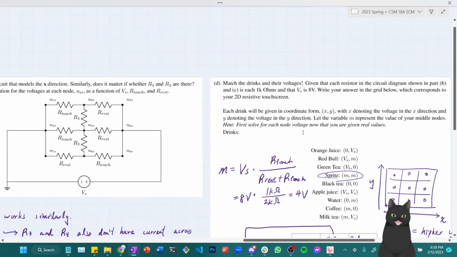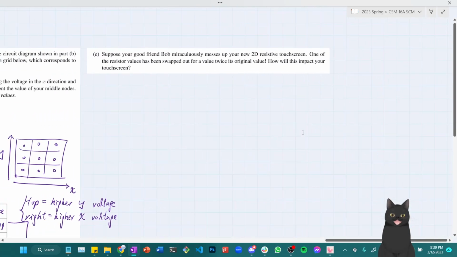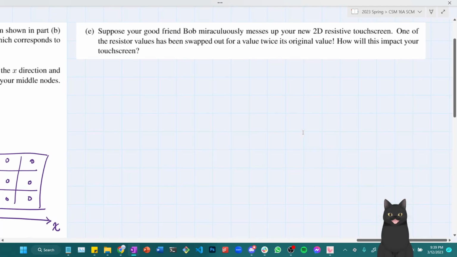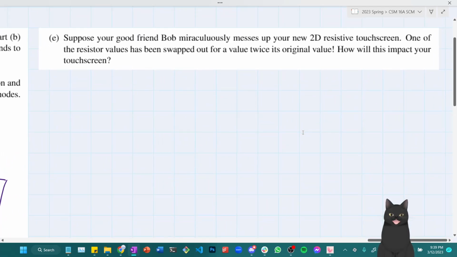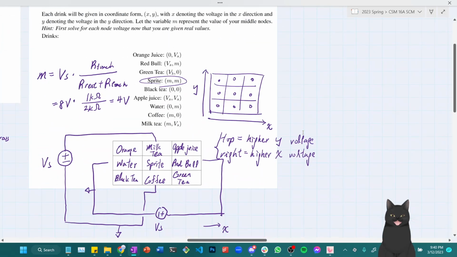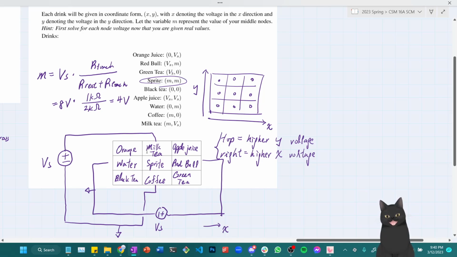So the short answer to part E is it will impact your touchscreen by making it not as originally intended in terms of how to detect the touchscreen voltage. Because the way we detect touchscreen voltage is based on the voltage that we find in the X direction and Y direction. For example, I know that orange juice is at the top left. Am I counting the directions right?